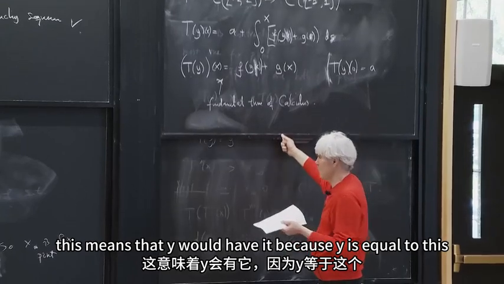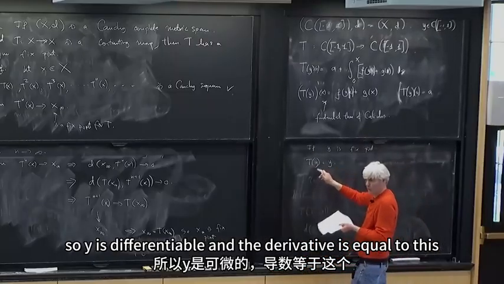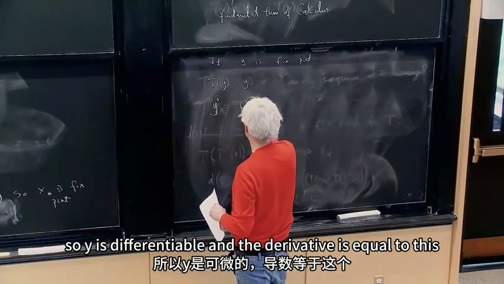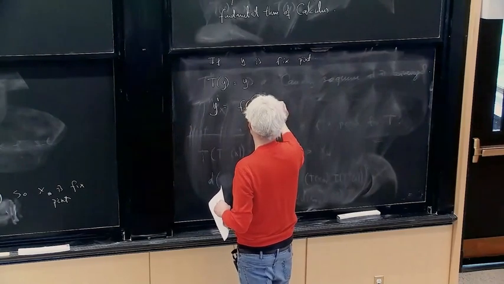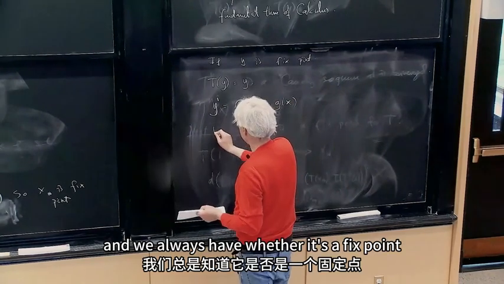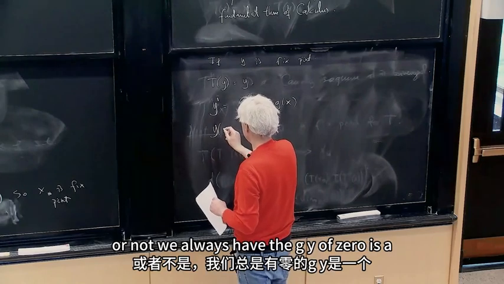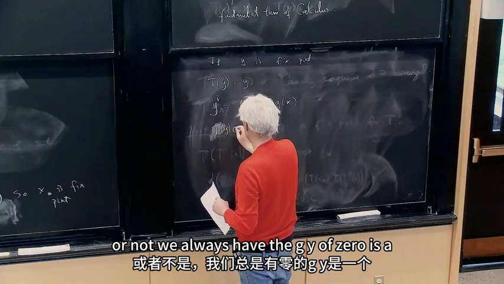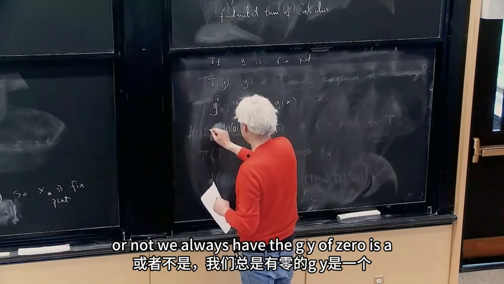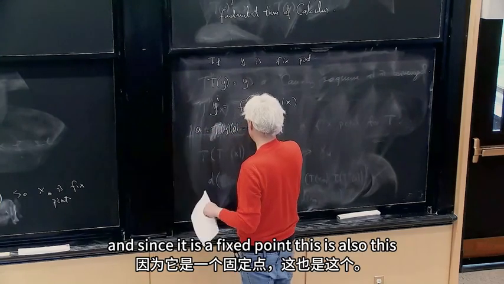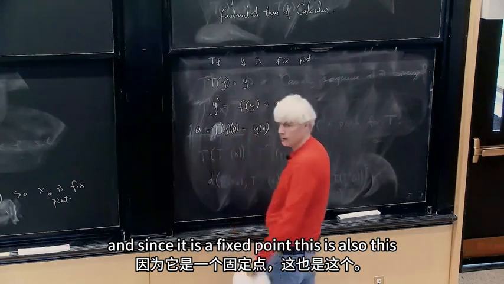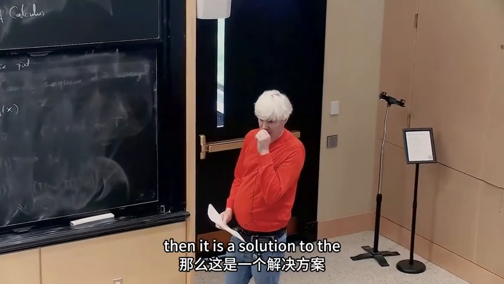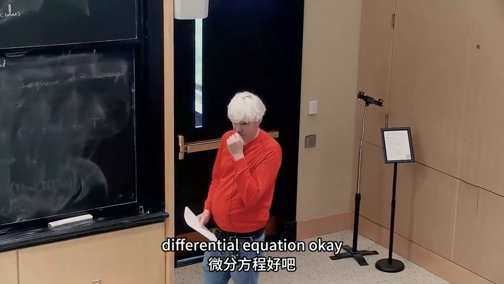So this means that y has it, because y is equal to this. So y is differentiable, and the derivative is equal to this. And we always have, whether it's a fixed point or not, that T of y at 0 is a, and since it is a fixed point, this is also y at 0. So you see that if it is a fixed point, then it is a solution to the differential equation. Okay?